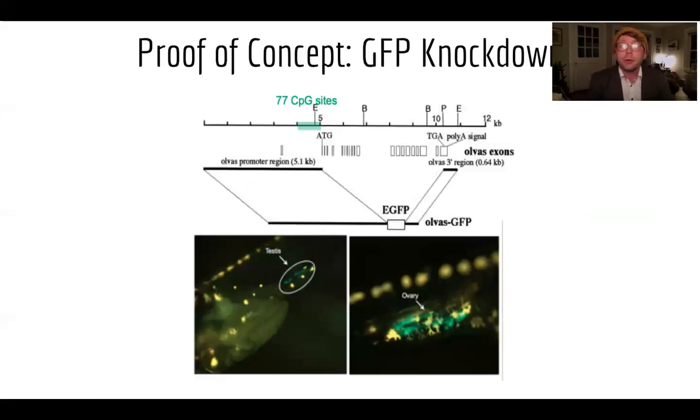With our proof of concept, we have an Olbus-driven GFP expression in a line of Medaka with a hypomethylated promoter region. So we programmed our CRISPR dCas9-DNMT3A complexes to go target this site and shut down transcription just to see if it was possible.